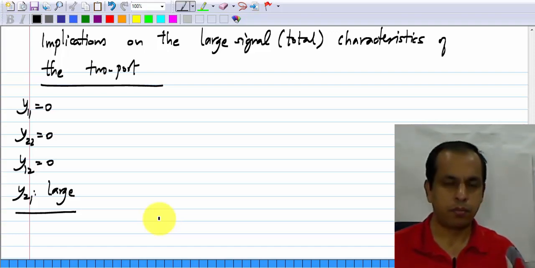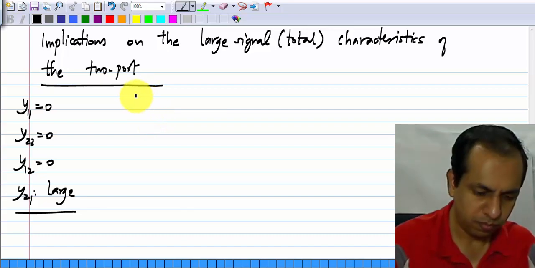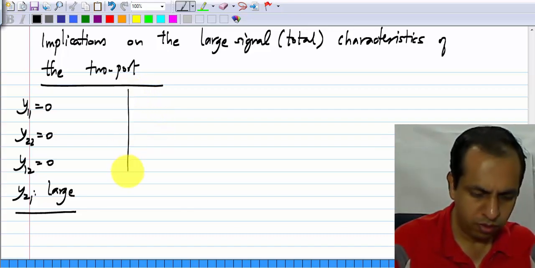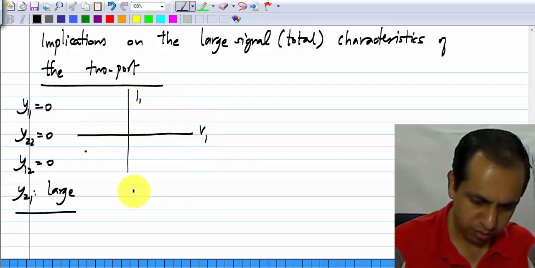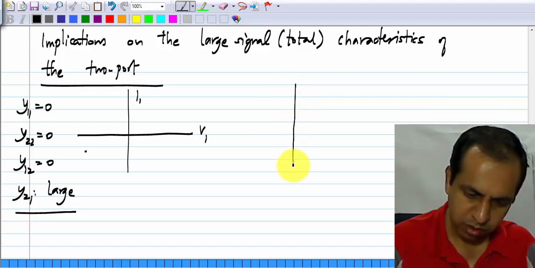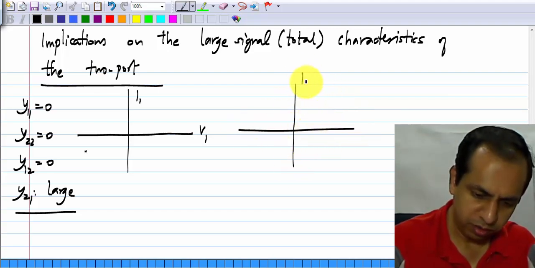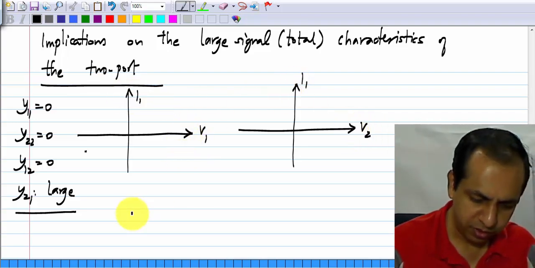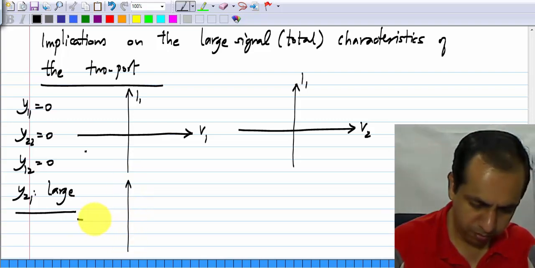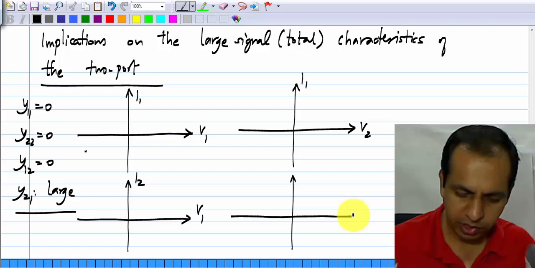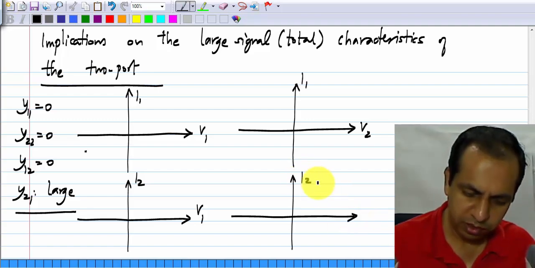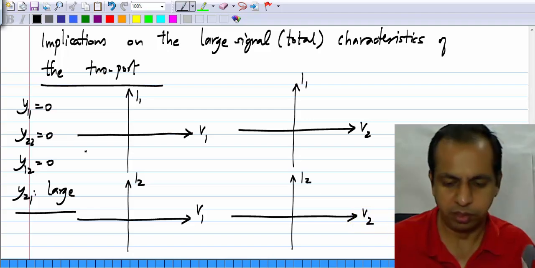Now, the large signal characteristics can be described by these four graphs, where one of the variables is on the x-axis and the other variable is fixed, or it's varied as a parameter.